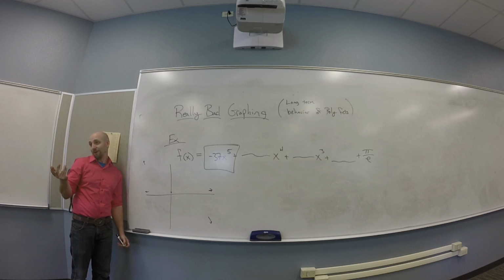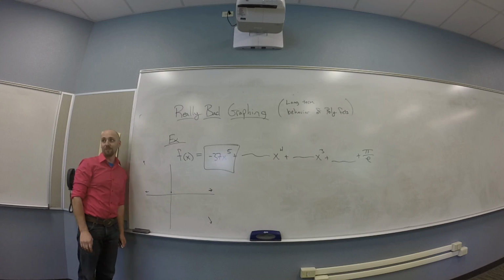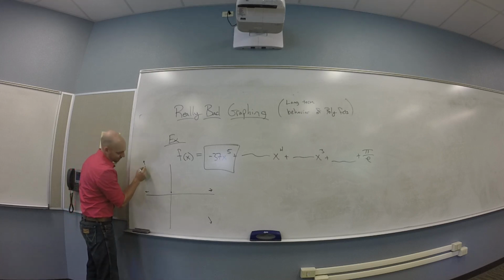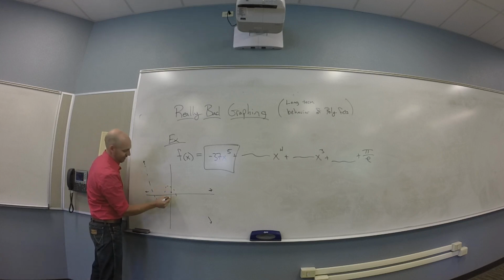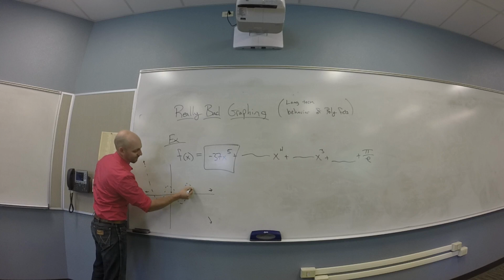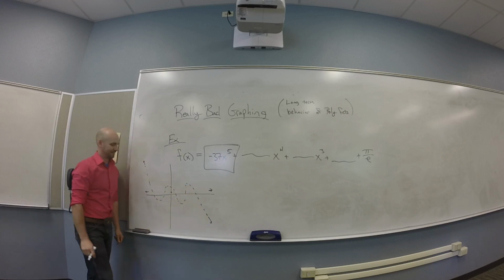So that seems like a theory. Let me just go with it. So it'll cross 5 times. We can prove that to you in calculus class, but I'm not going to prove it to you now. So x to the 5th can cross maybe 5 times. So if it did cross 5 times, it would go once, twice, 3, 4, 5. Right?